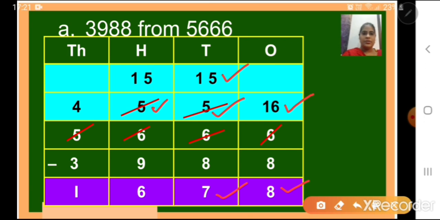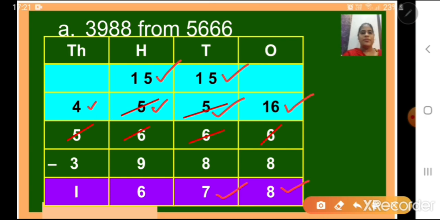Moving towards hundreds place, we have number 5. 5 minus 9 again is not possible. So 5 will go to the 5 in thousands place and borrow. 5 minus 1 is 4. So I am going to write here number 4. Okay. And this 5 will become 15.